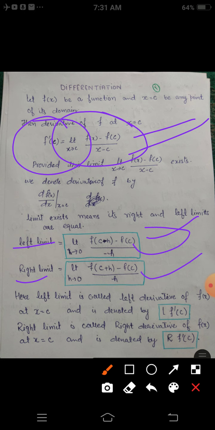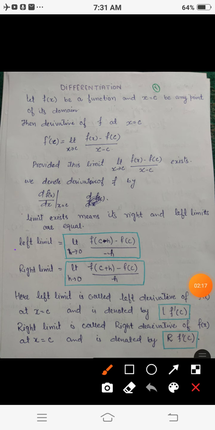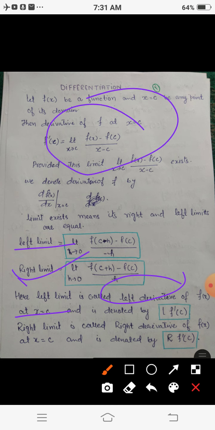The left limit is called the left derivative, denoted by L f dash of c, meaning the left derivative at x equals c. The right limit is called the right derivative, denoted by R f dash of c.